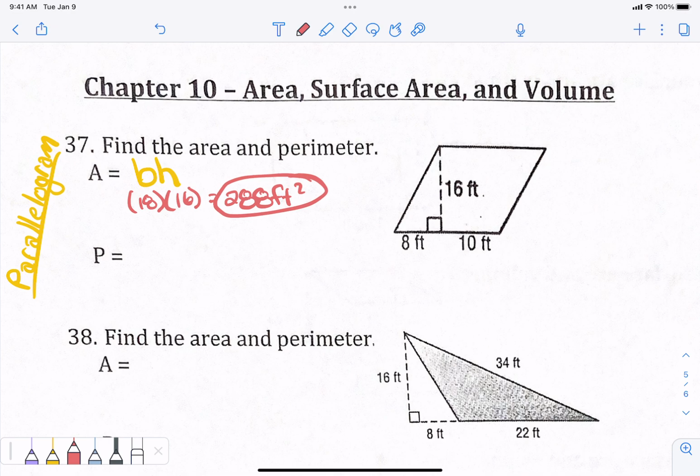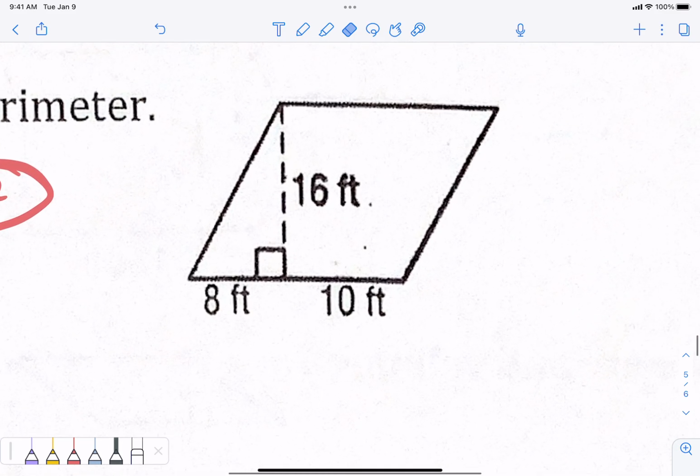For perimeter, we're adding up all the sides, so I know 2 of the sides are 18s, the top and the bottom, 18, 18, but I don't know this side right here. So, what can we do to find that side? Yeah, the Pythagorean theorem.